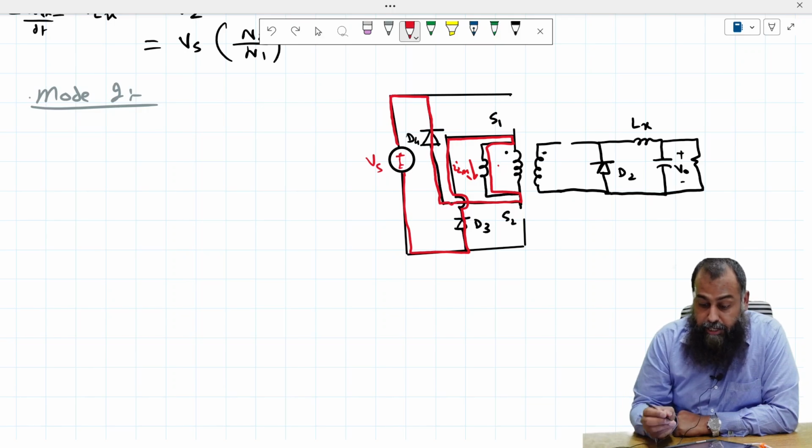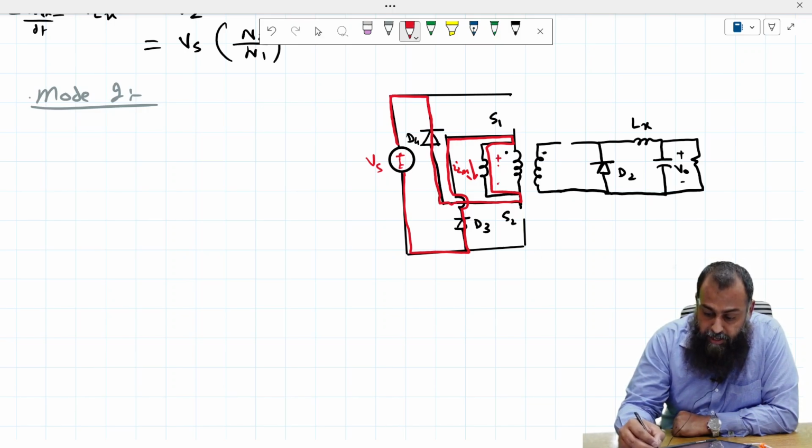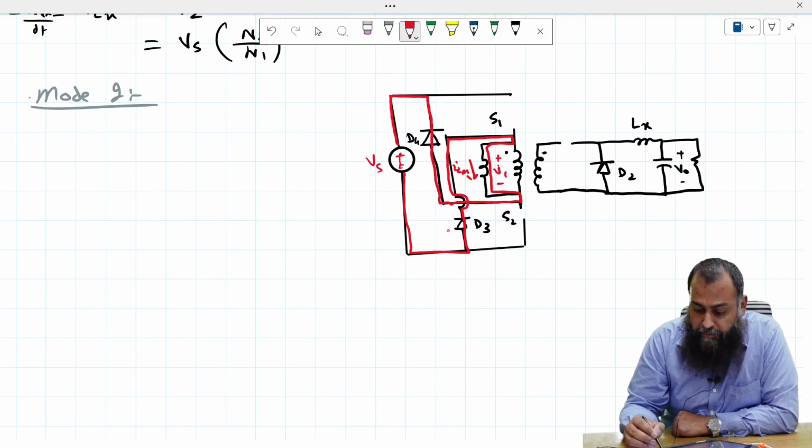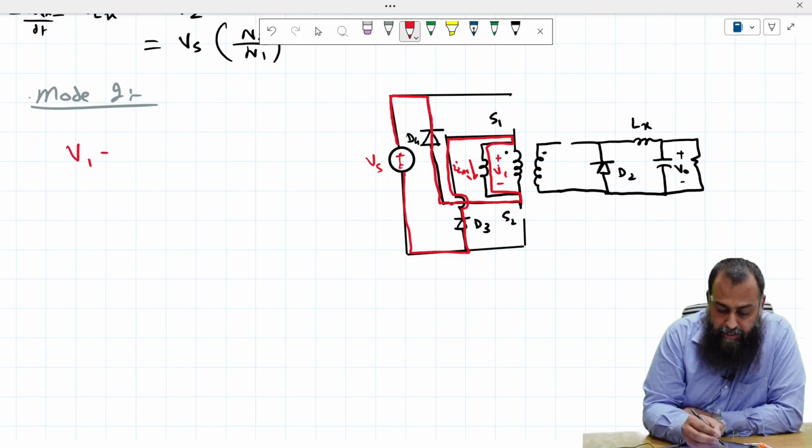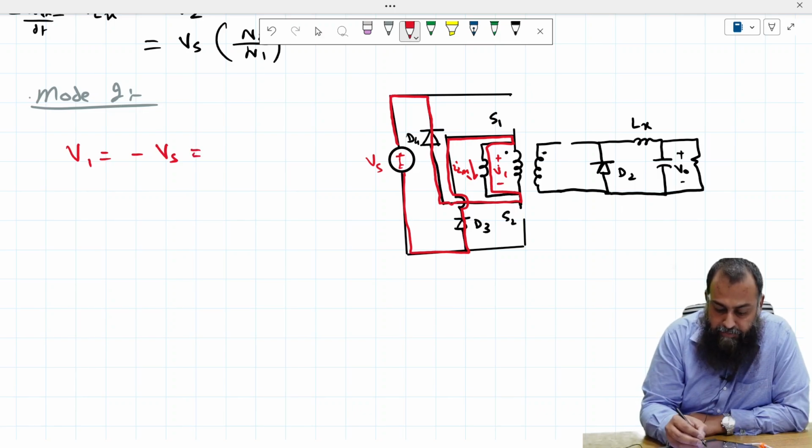Now if you notice, the voltage V1 has its dotted end connected with the negative of Vs, whereas the non-dotted end of the primary winding is connected with the positive of Vs. Therefore, the voltage V1 is equal to minus Vs here, VLM as well.